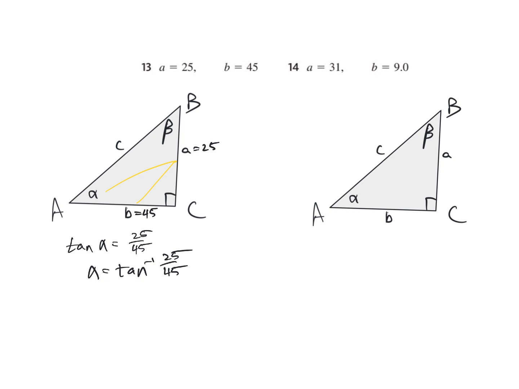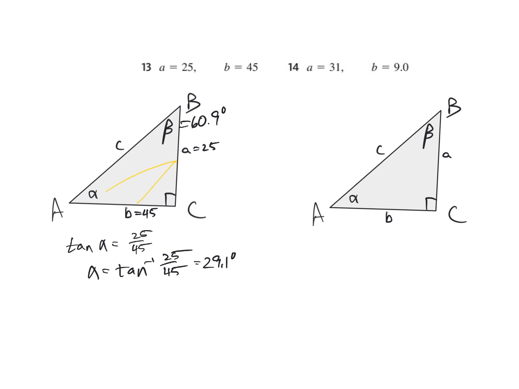That gives us 29.1 degrees. So take 90 minus that, 29.1, and you get 60.9 degrees for beta.